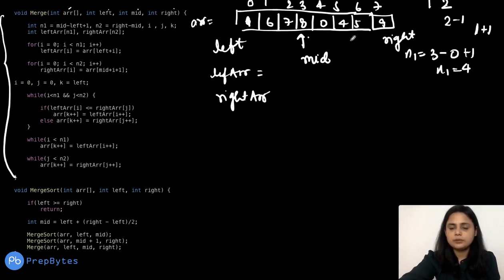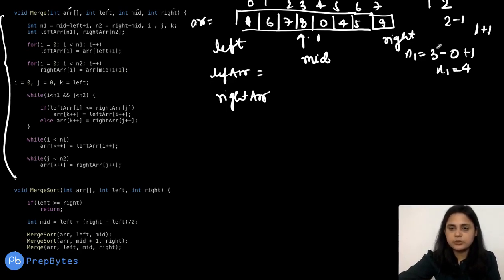Let's calculate for right. For right, it's going to be right minus mid. Why? Because I have to calculate from here only, but since we had two options, you do right minus mid plus 1 plus 1.